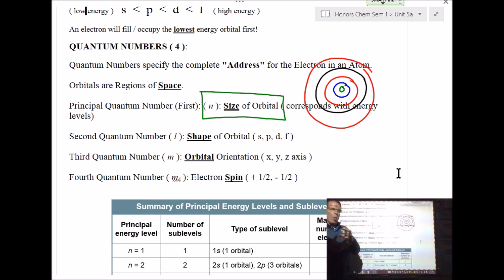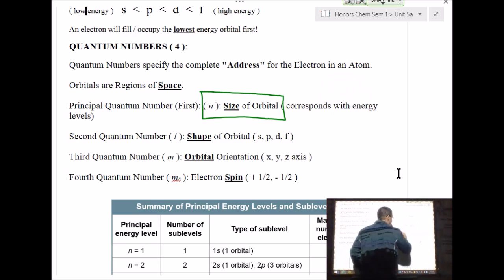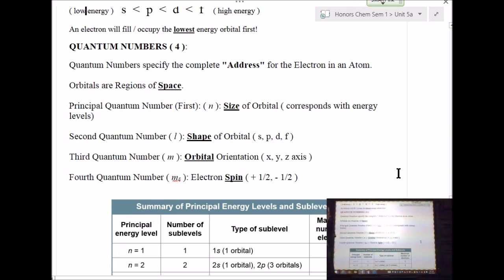Because when you have an orbital that's filled up, it takes up that space. So we're not going to cram all those into one singular location. So the first quantum number deals with the size, or the energy level, which I may talk about the next time we speak. The second quantum number deals with the shape.